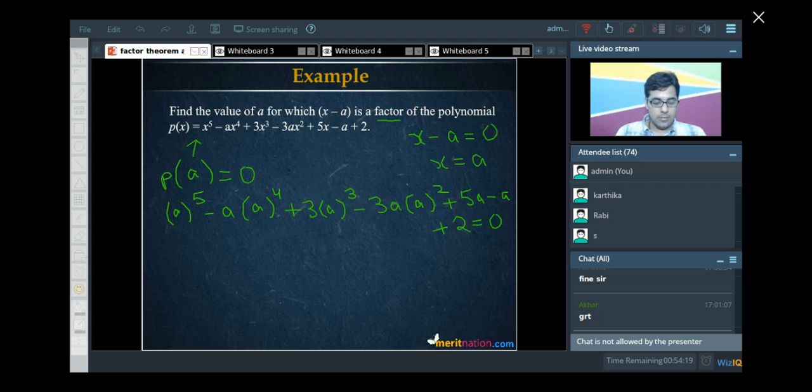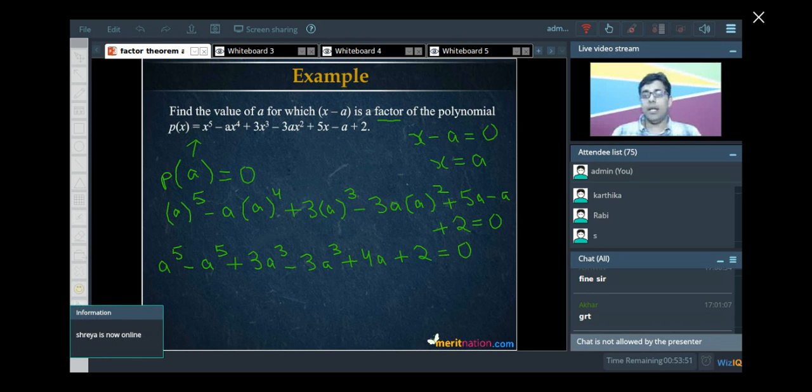It would become now minus a to the power 5, then plus 3a cube, and then minus 3a multiplies a square, that would become minus 3a cube, plus 5a minus a, that would become 4a plus 2 equals 0. And now we can find the value of a.